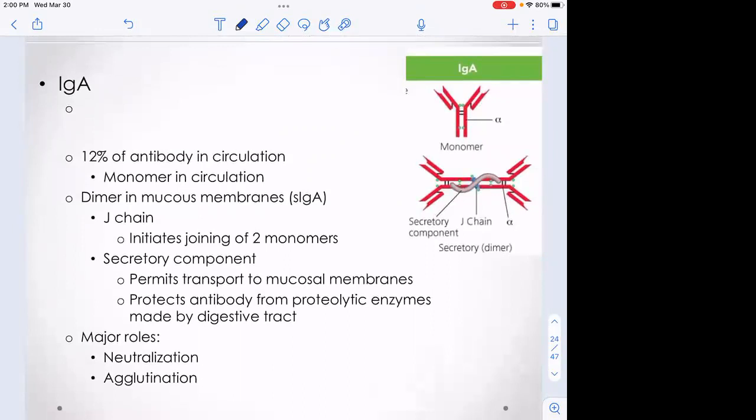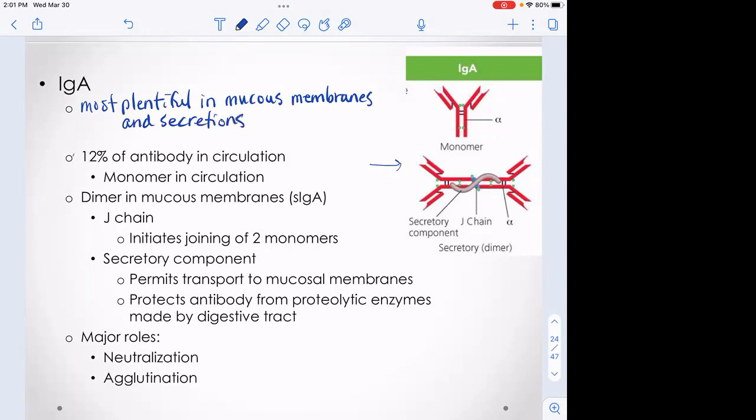IgA antibody, what's kind of special about IgA? Two things. It often exists as a dimer form, so two of them together. And it is the antibody that's most plentiful on our mucous membranes, as well as bodily secretions. There's only maybe 12% in the blood, okay?